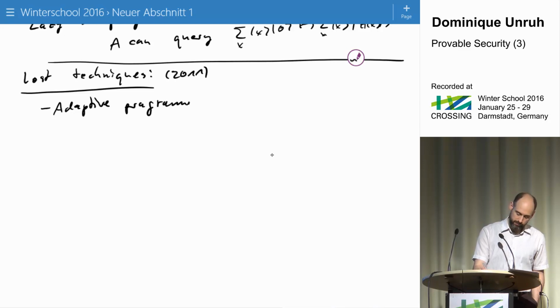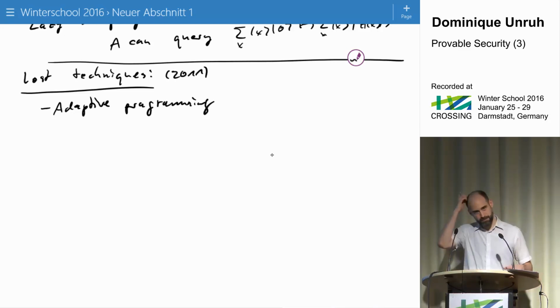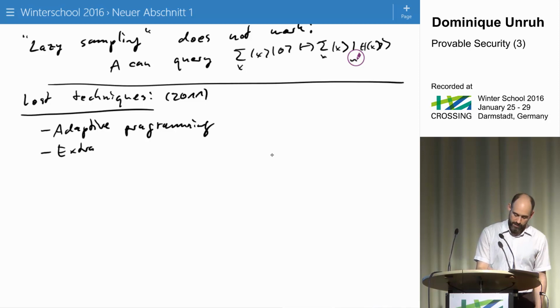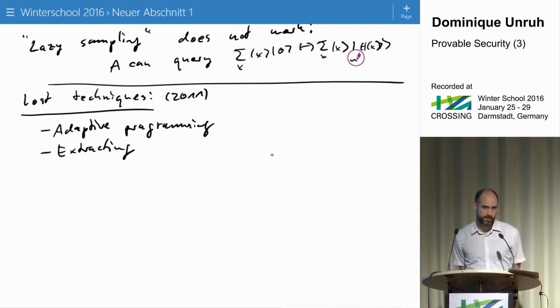So one thing mentioned was adaptive programming. So we change the values of the random oracle based on things that happened in the protocol before. Doesn't seem to be possible without choosing them as we go along. So that seems very hard. Then extracting. What we often do is we get the queries from the adversary while we go along, and then we learn what he's queried, and from this information we can somehow get information that is useful for performing the proof.